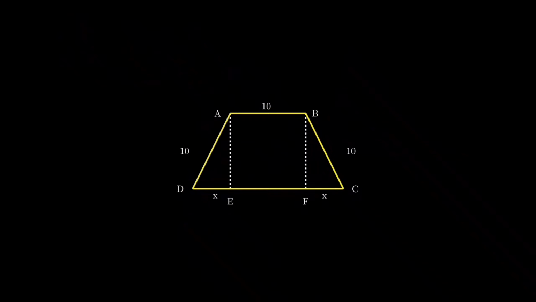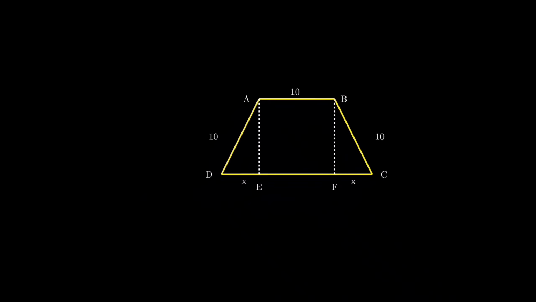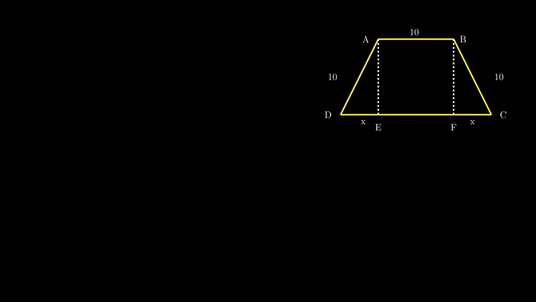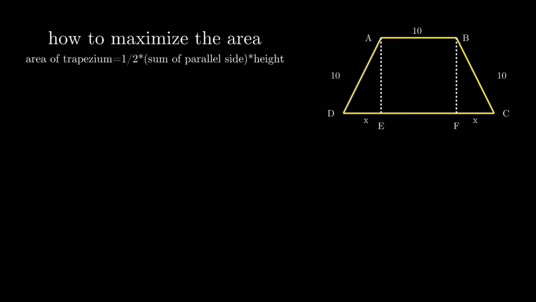Let's take another example. Suppose we want to maximize the area of a trapezium and find the value of x. At what value will this area be maximum? This is the area of the trapezium.